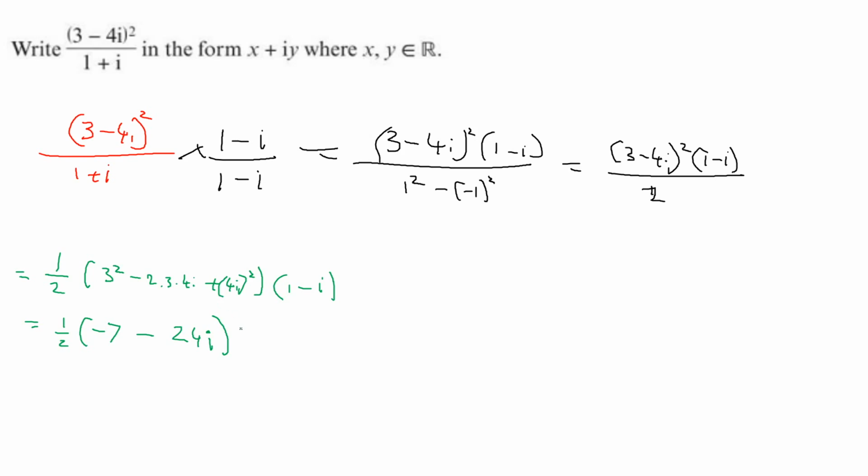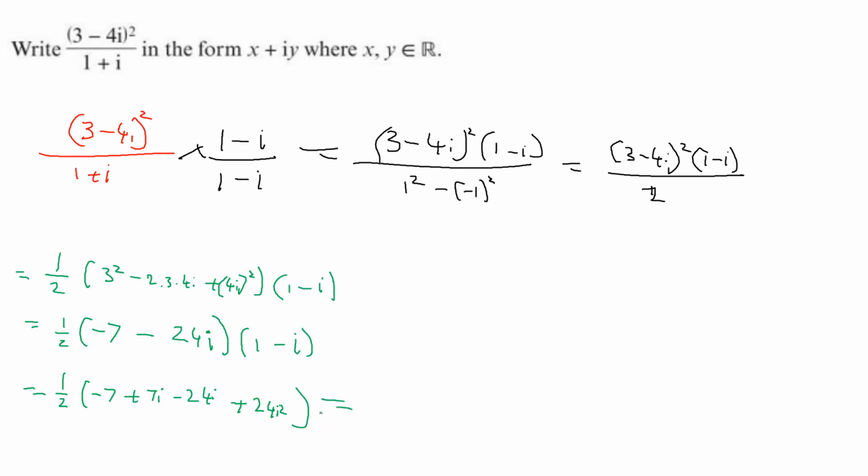Now let's take a look at that when we expand it by 1 minus i. That's just going to be a half times minus 7 plus 7i minus 24i plus 24i squared. Okay, so a lot of negative numbers, no big deal.